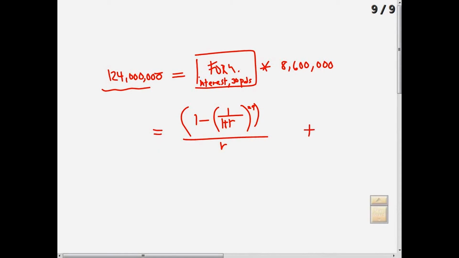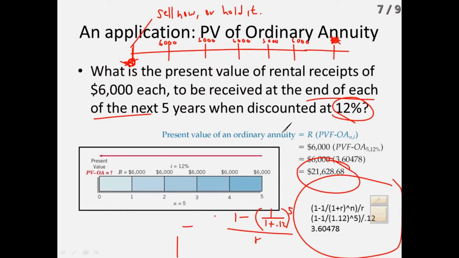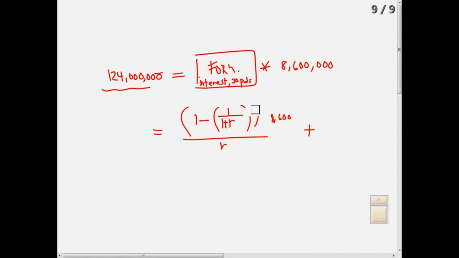I put the parentheses in the wrong place. And then plus just 8.6, because this is adapting the formula for the fact that it's really an ordinary annuity of 29 years plus $8.6 million right now, and that's the other way of thinking about it.